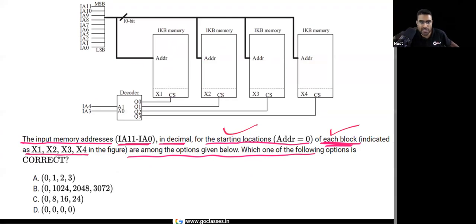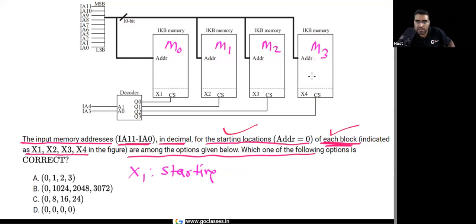So what is x1? X1 is the starting memory address. Let's call the chips M0, M1, M2, M3. X1 is the starting memory address in memory chip M0.